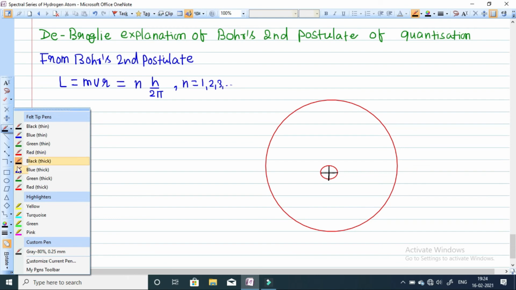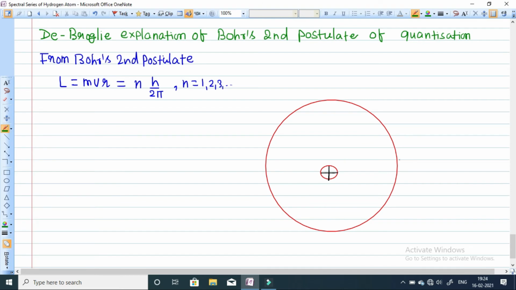So let me draw this graph also for you. Now the electron is revolving like this. It is transmitting the energy in the form of a wave. Like this also you can see it there. Here also you can see.